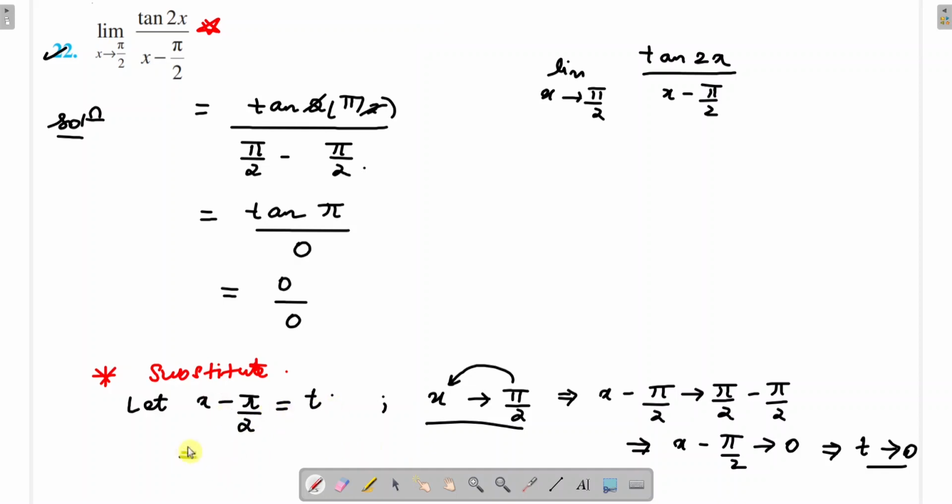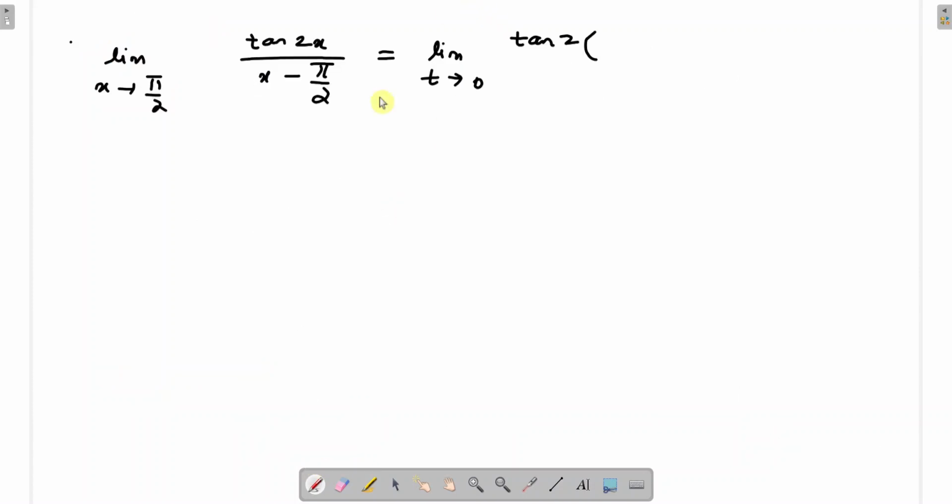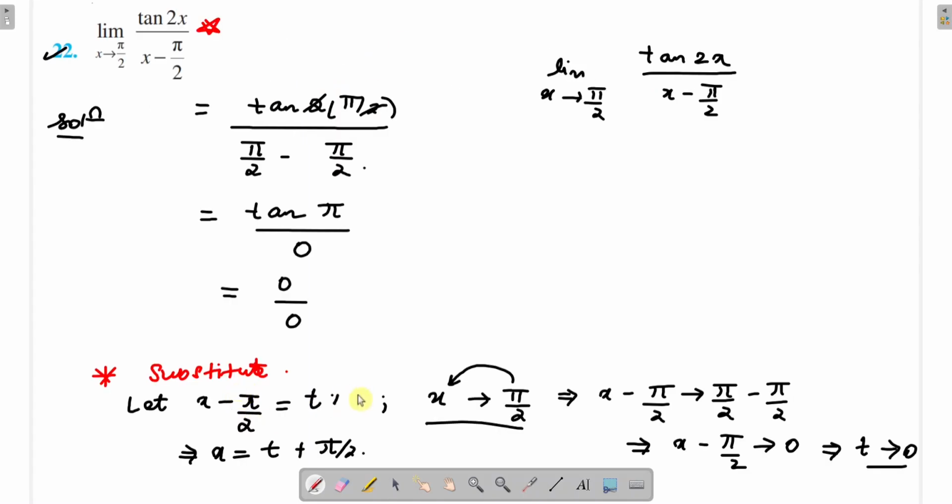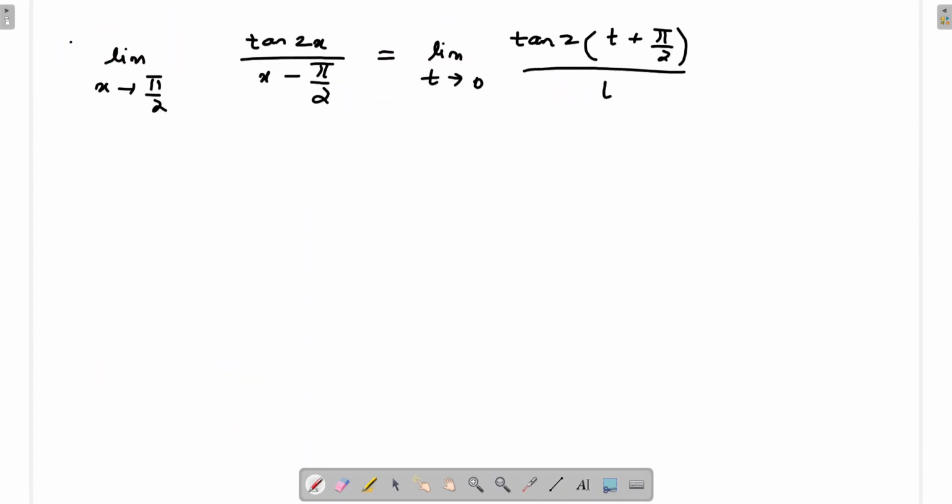X is what here? X is equal to t plus pi by 2, right? So x is equal to t plus pi by 2, and divided by x minus pi by 2 is what? t, and so you will get limit t tends to 0, tan of 2t, right, plus 2 times pi by 2, that is pi, and that is divided by t.